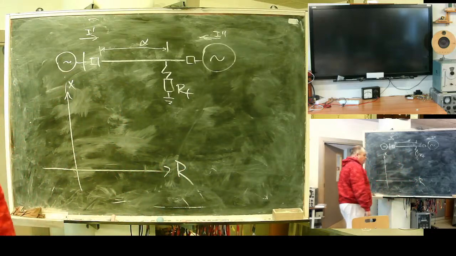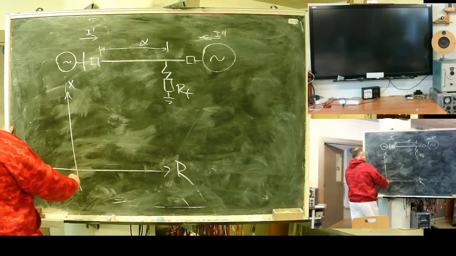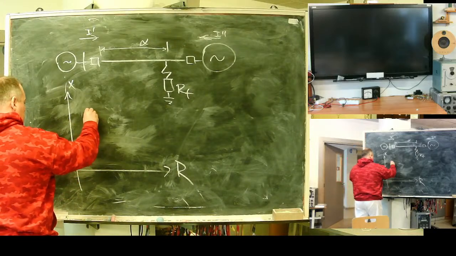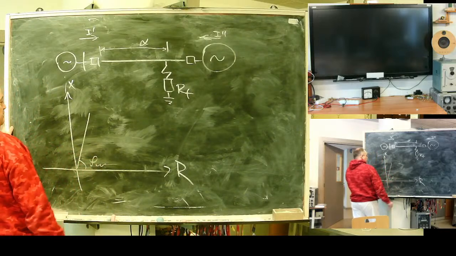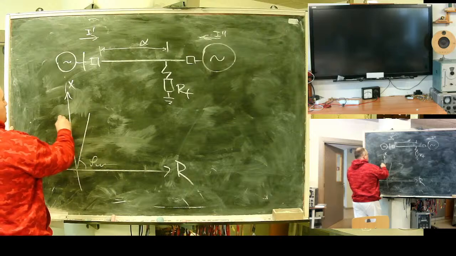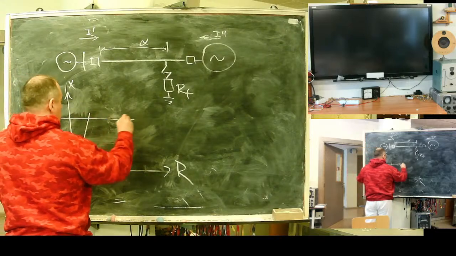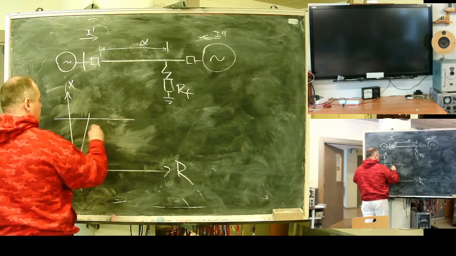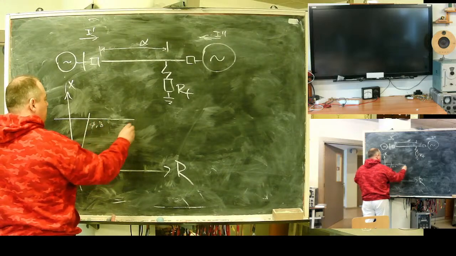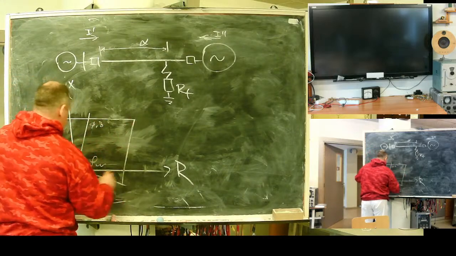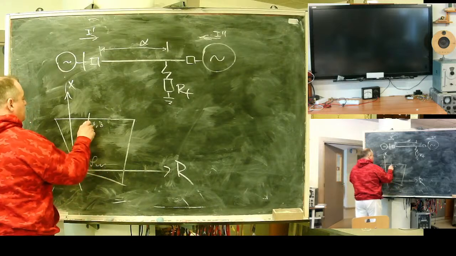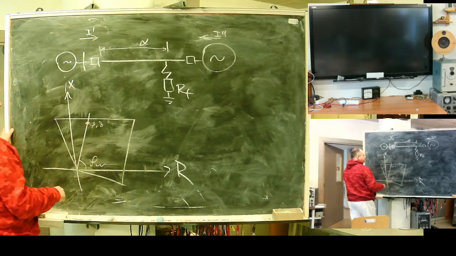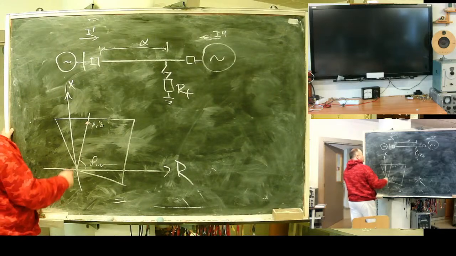At first glance, here is the vector of my line resistance. Let's say this is line at 0.8. Here is my point of fault.